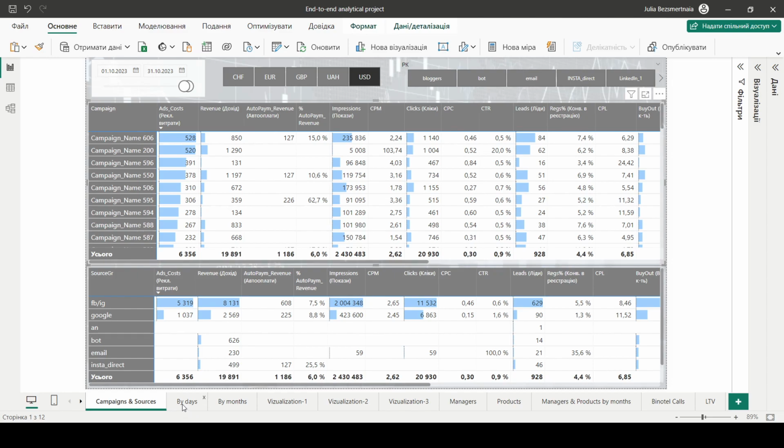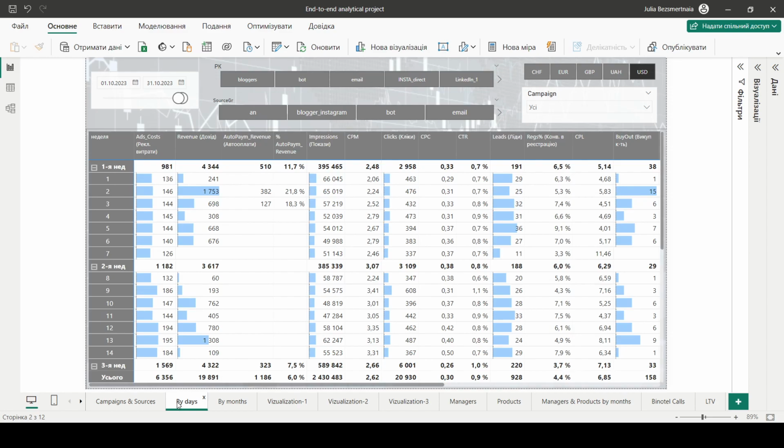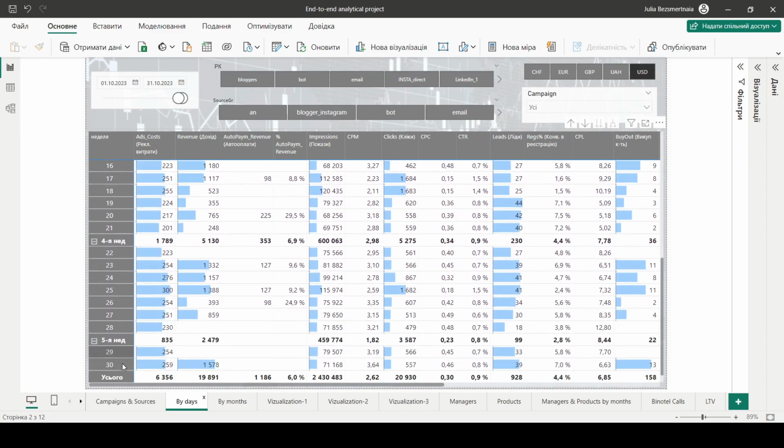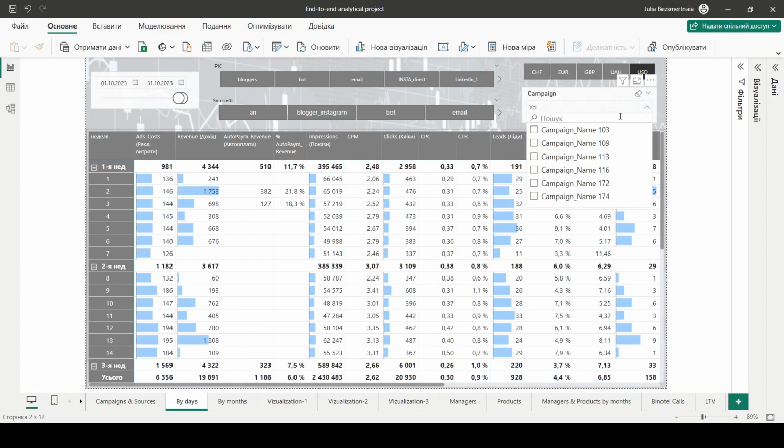On the next page in this report, we can see these indicators by days. We can find a specific campaign in the filter.